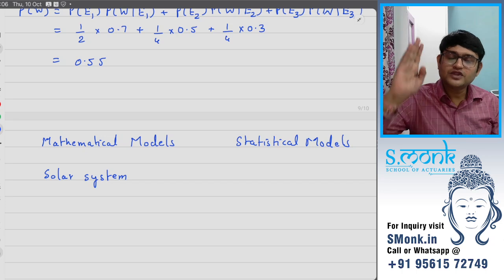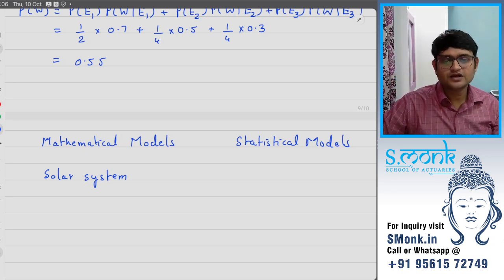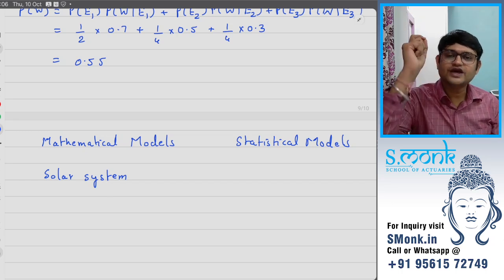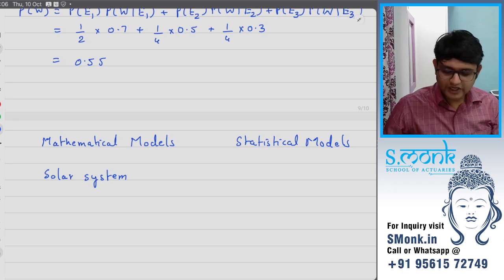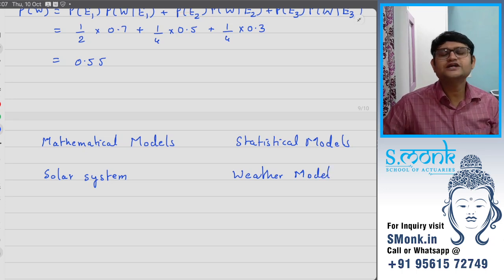There have been NASA's probes that have gone beyond the solar system as well. We can predict exactly what they will do, when they will do, where they will reach, but we cannot predict the weather on this earth.